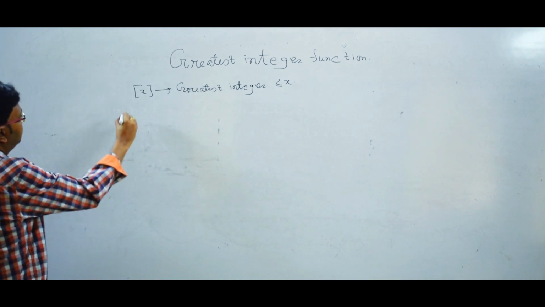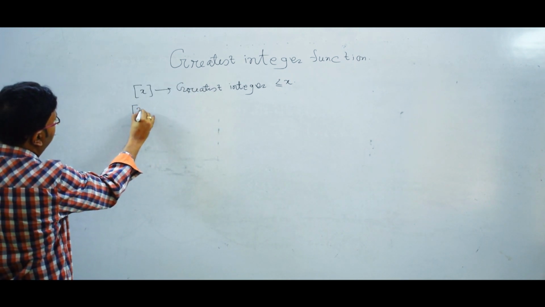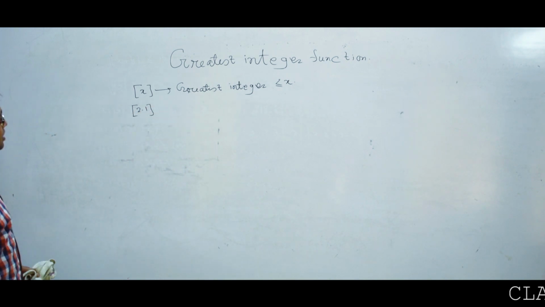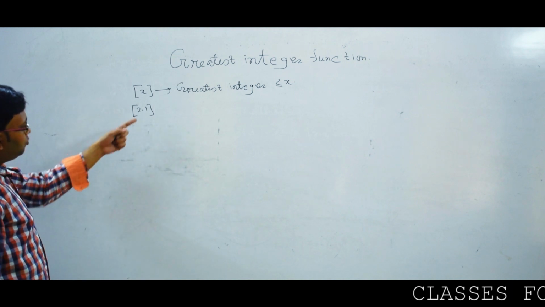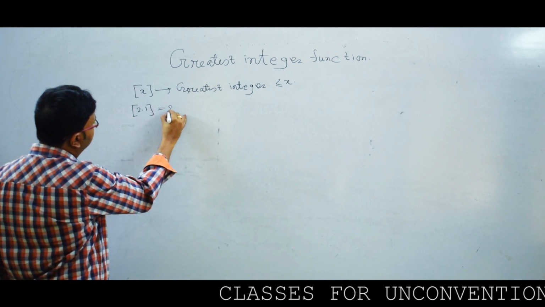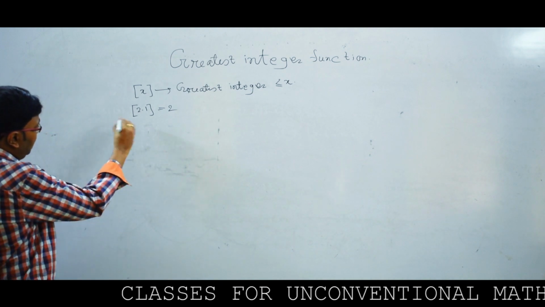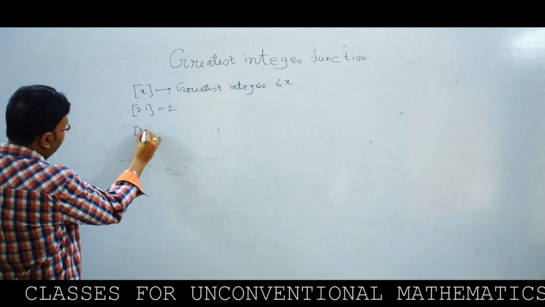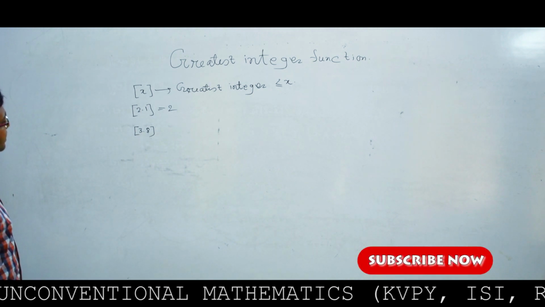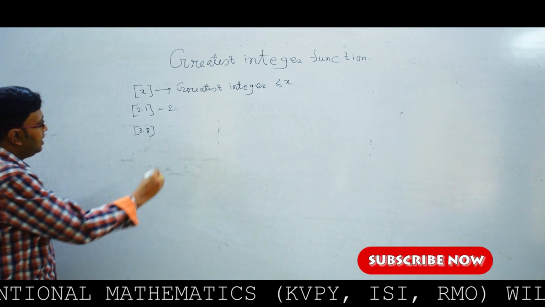Suppose we have to find the value of box 2.1. The largest integer which is less than 2.1 is 2, so it is equal to 2. Suppose I have to find box of 3.8. Now the largest integer which is less than 3.8 is 3.